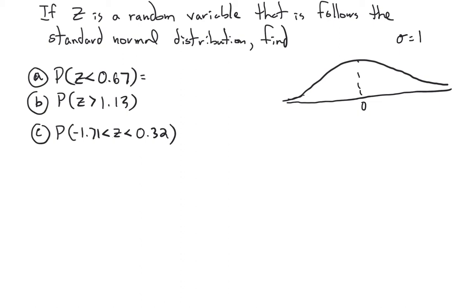What do we want to find? We want to find the probability that we're in... So here is 0.67 standard deviations from the mean, away from the mean in the positive direction. So we're looking for this area.